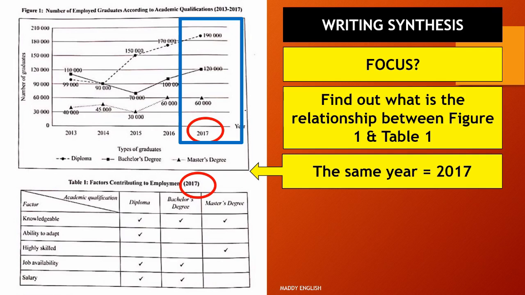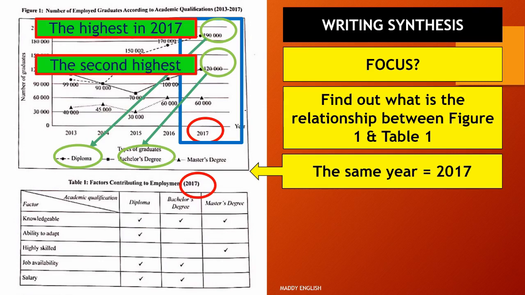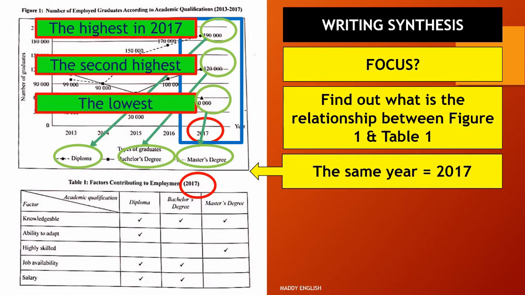So look at that particular group of number of employed graduates, and how it relates to the factors. Diploma 190,000 was the highest in 2017, and then bachelor's degree 120,000, the second highest, and master degree 60,000, the lowest.